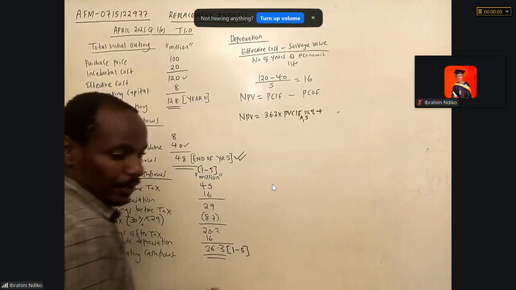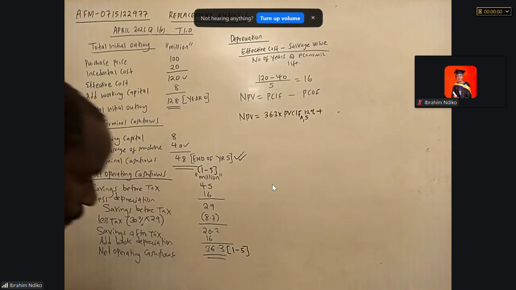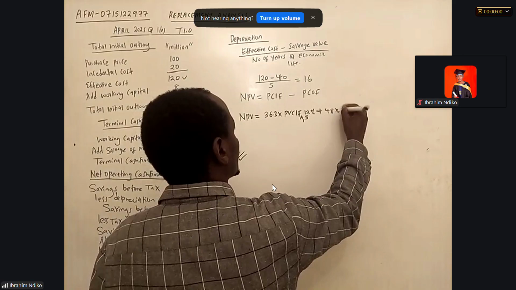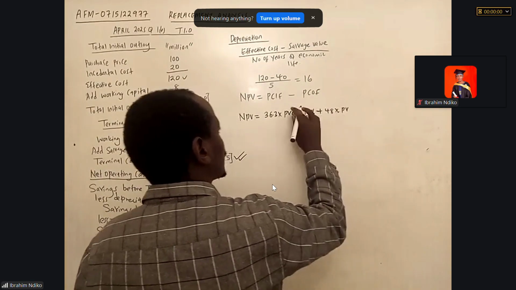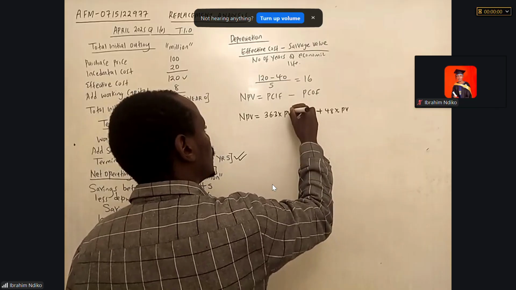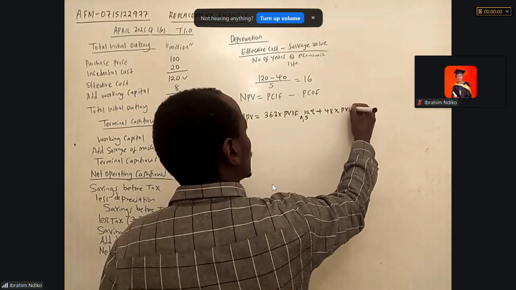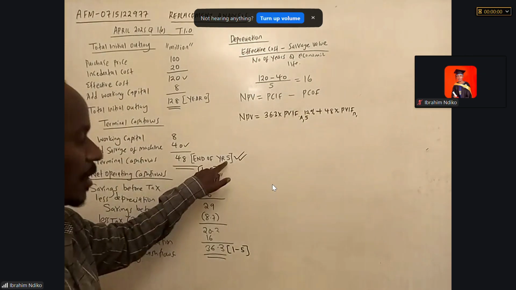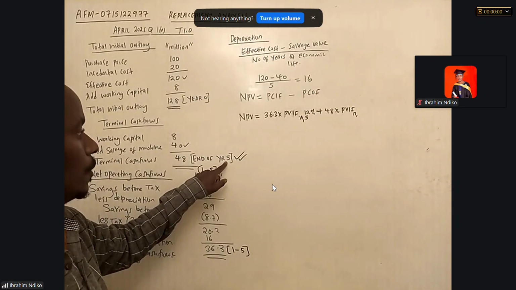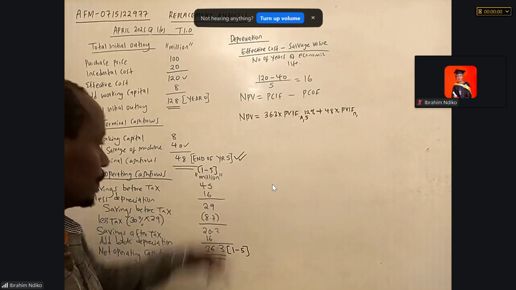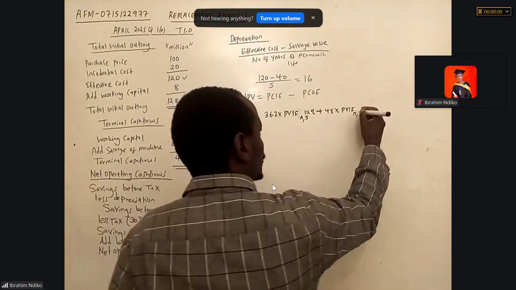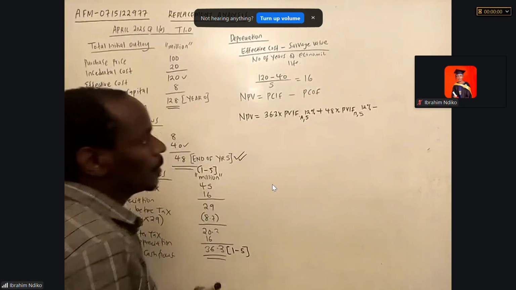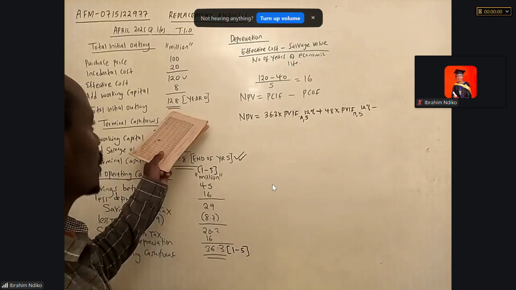Plus, you also have another benefit, which is the terminal cash flow, 48, times the present value interest factor. Now, this one will be for a single amount because it only appears at the end of year 5. Rate is 12%. Minus our initial cost at year 0, which is 128.